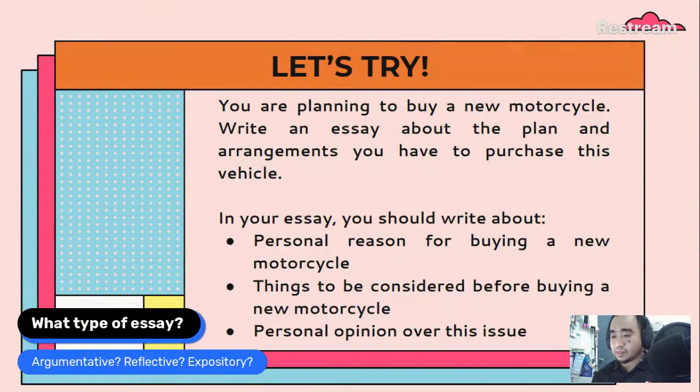What type of essay do you think you are going to write based on this? Remember, argumentative, you have to take one side. Expository, you have to be neutral. And reflective is just a reflection.